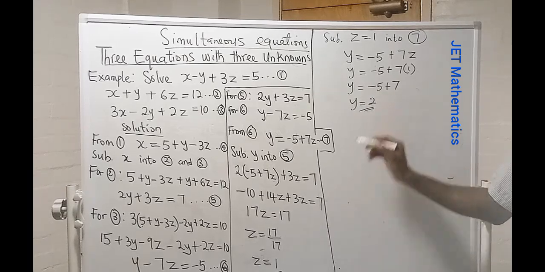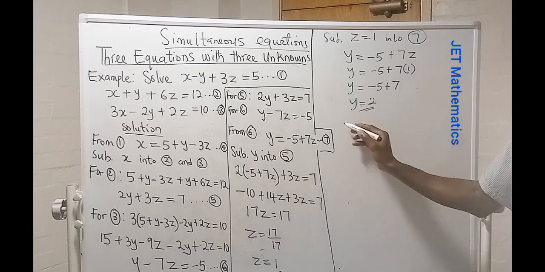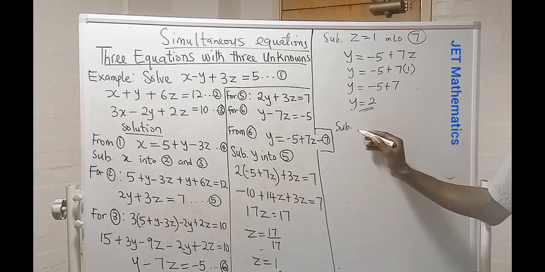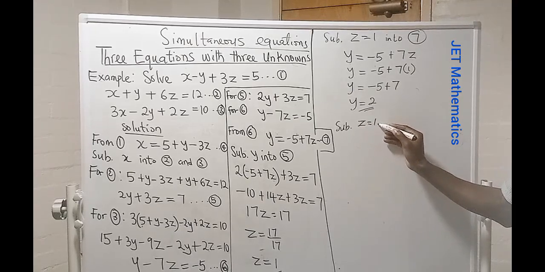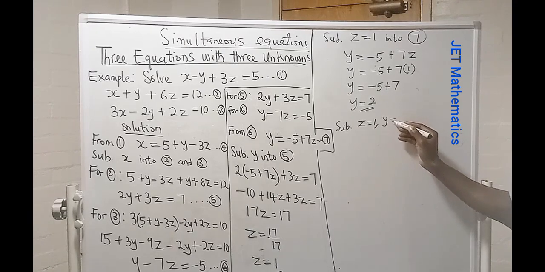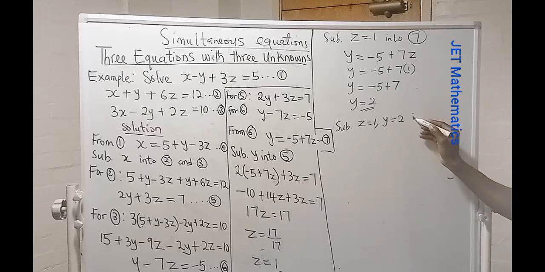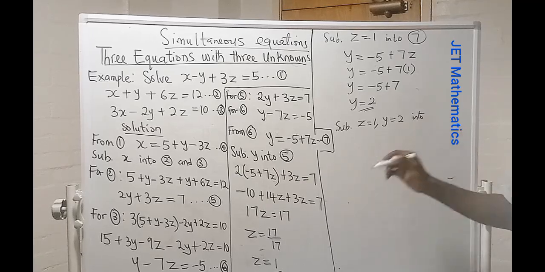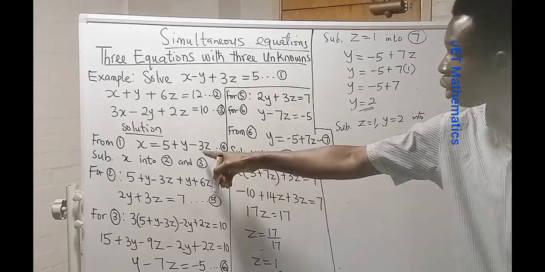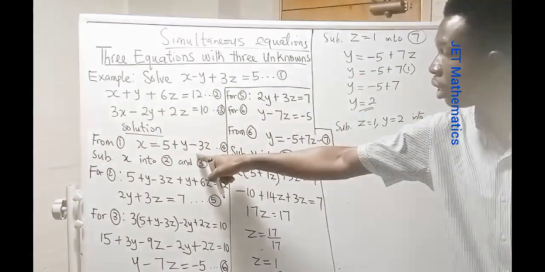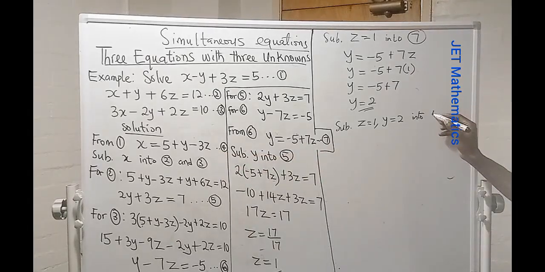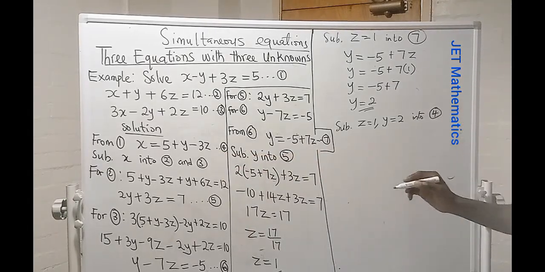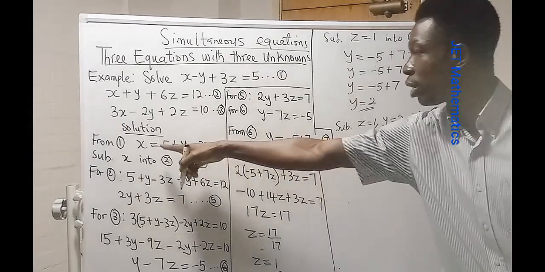So we've gotten y, we've gotten z. So we are going to substitute z equals 1 and y equals 2 into equation 4, which will help us get x.